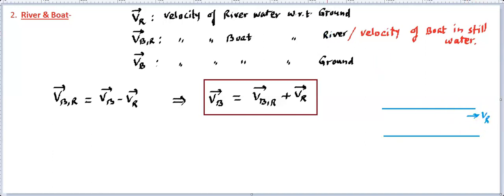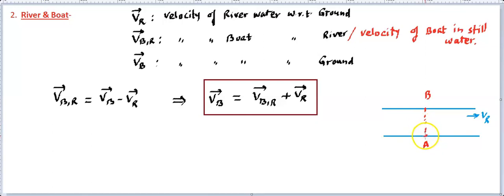Now a person wants to cross it by a boat, and this is the point A where this boat is, and another point which is directly opposite to this A is called B. So B is just opposite to point A on the other shore. Now, if you have crossed a river by a boat, you might have observed, and if you haven't, make this observation whenever you get the opportunity.